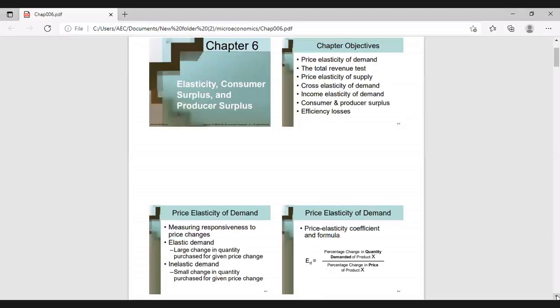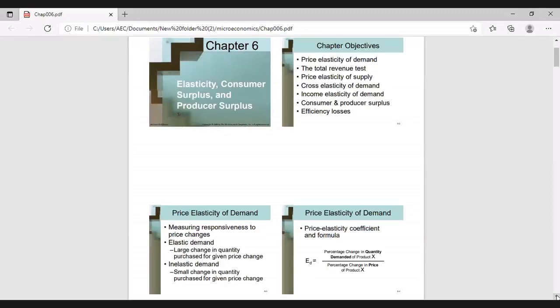So for elastic demand, the coefficient will be greater than 1. If the elasticity of demand is greater than 1, demand is elastic. That means consumer response is relatively large for a change in the price.